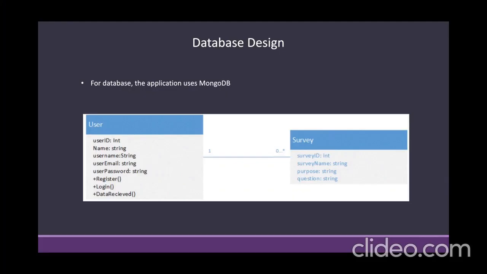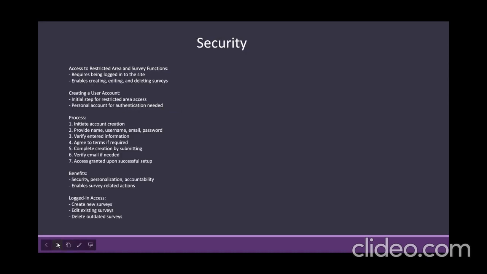Hi, my name is Tani Duncan, and I will be presenting the remainder of our slides. For our database design, we created 2 classes, users and surveys, to create objects such as additional user profiles and additional surveys listed on our site. For security, we require users to create an account to add personalization as well as accountability.